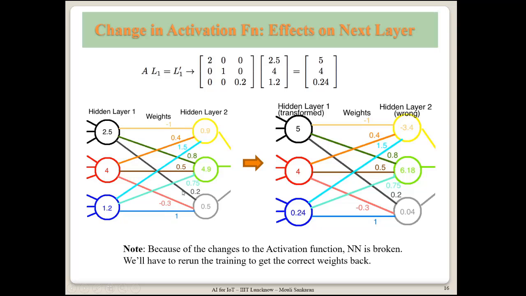I am not changing the weights, but if I change the activation functions of this layer, I am going to see different values here, because these weights are not modified and this activation function has changed these values. That is going to percolate down my network and impact these values. I'm just showing the effect of changing the activation function at one layer.